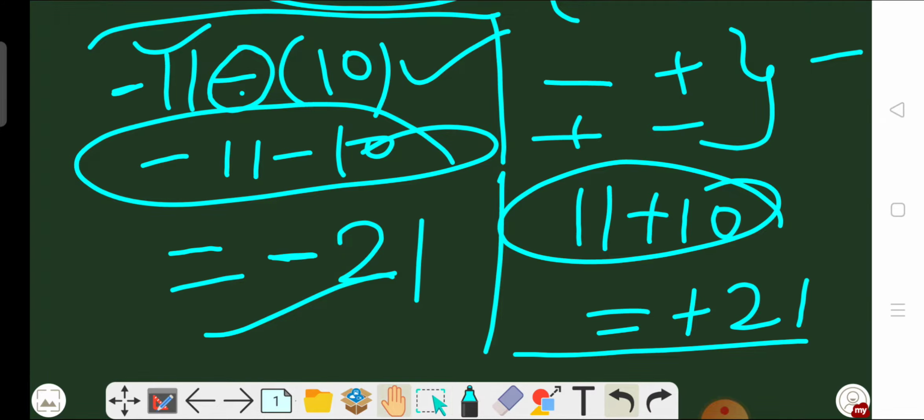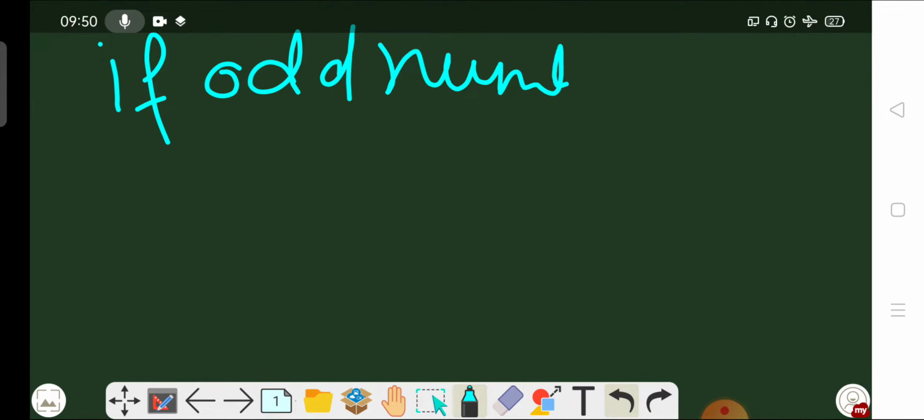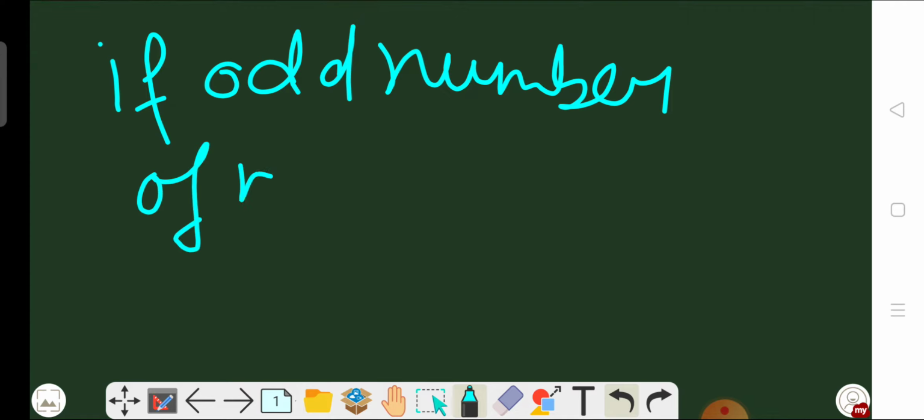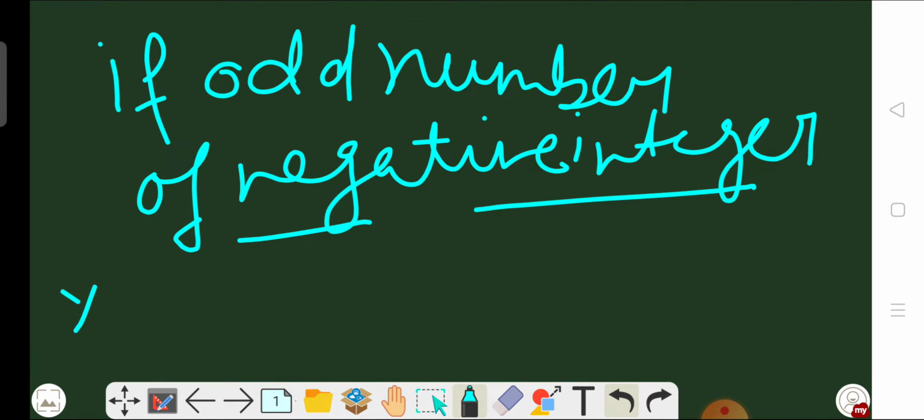Now we will learn about multiplication. If we have an odd number of negative integers in multiplication, then the resultant is negative always.